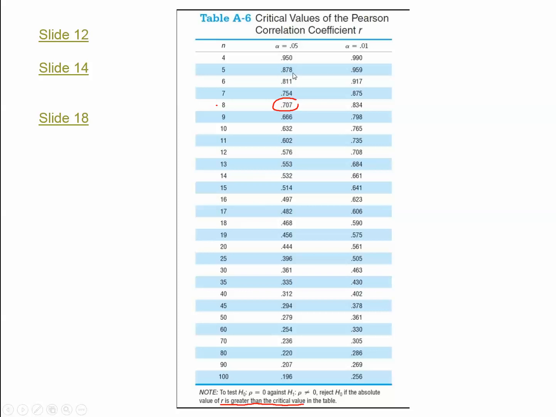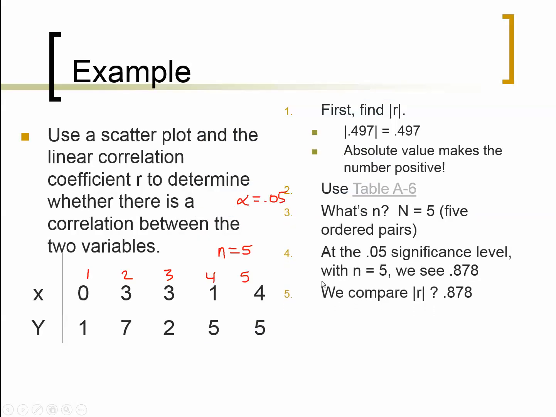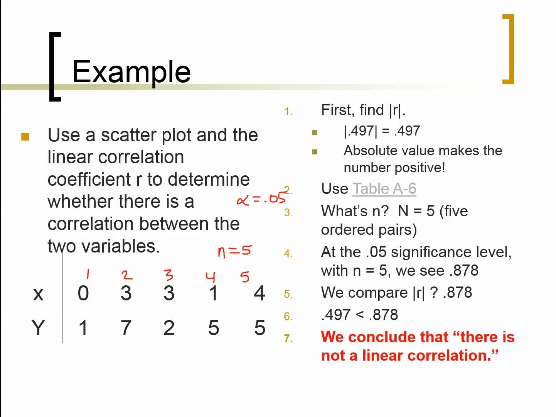The critical value for it is 0.878. So now we compare the absolute value of R to 0.878. And I get 0.497 is less than 0.878. This means that there is not a linear correlation.